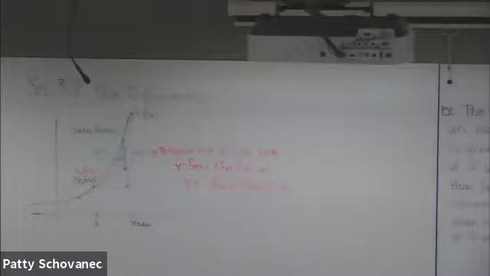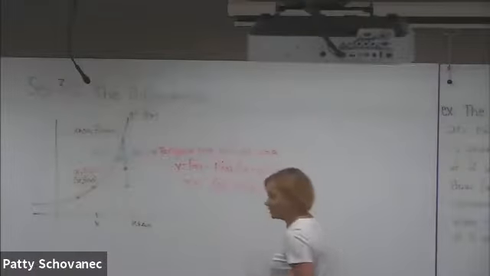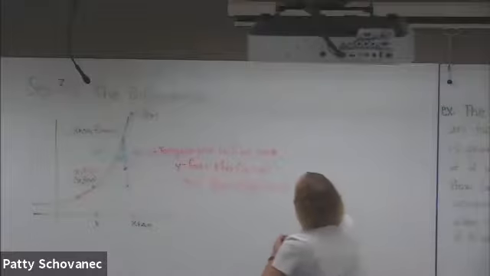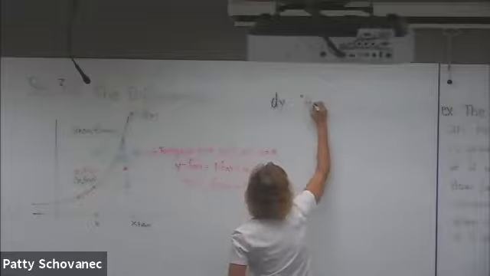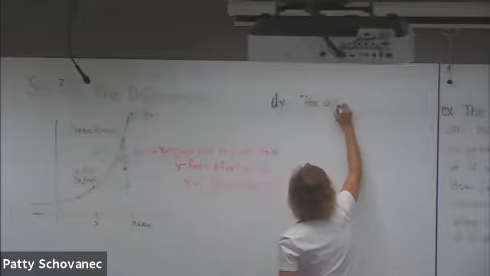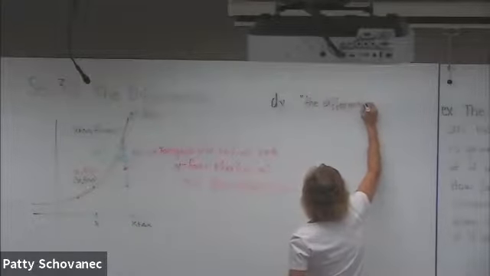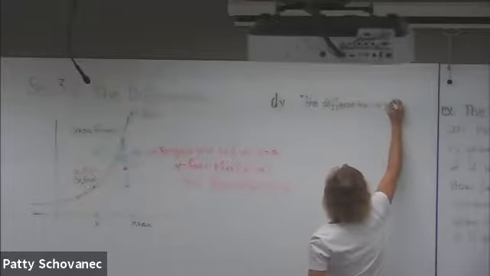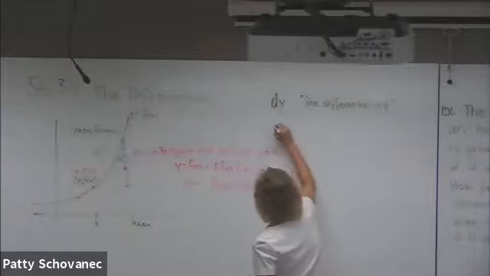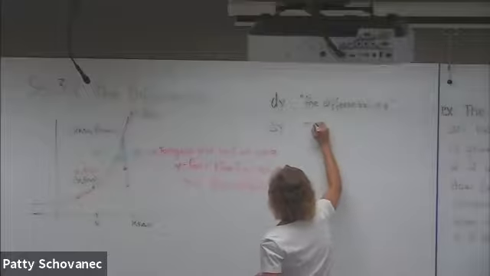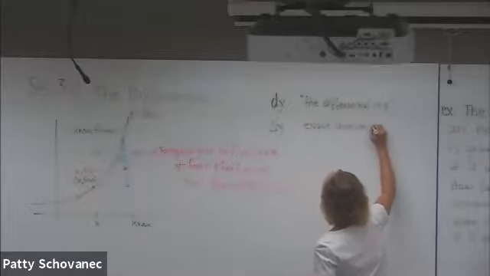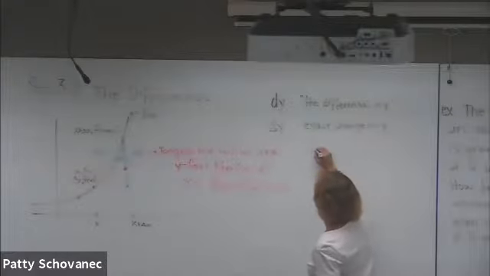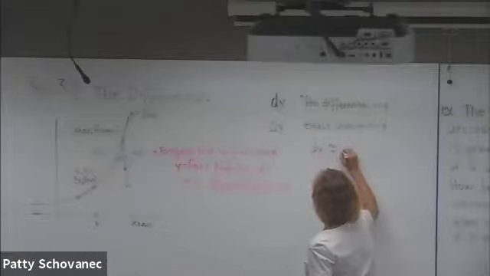Is that what the d is, differential? So we're going to use two different approximations. In our picture, we're going to use that quantity dy, which is the differential in y, to approximate delta y, which is the exact change in y. dy is roughly equal to delta y.